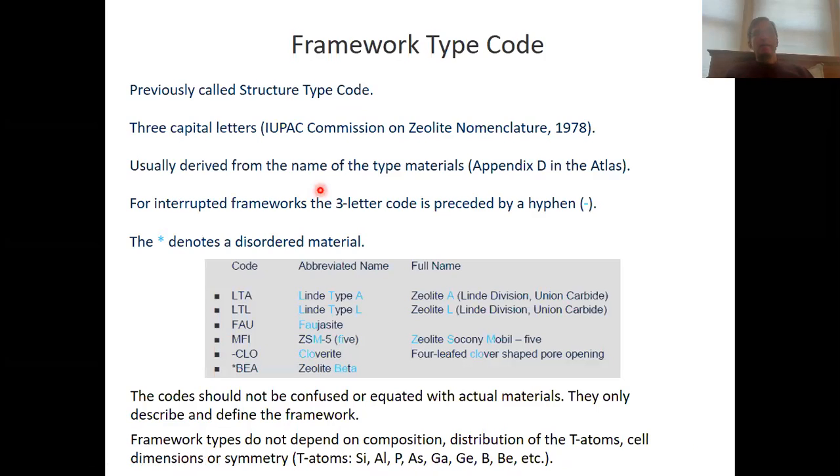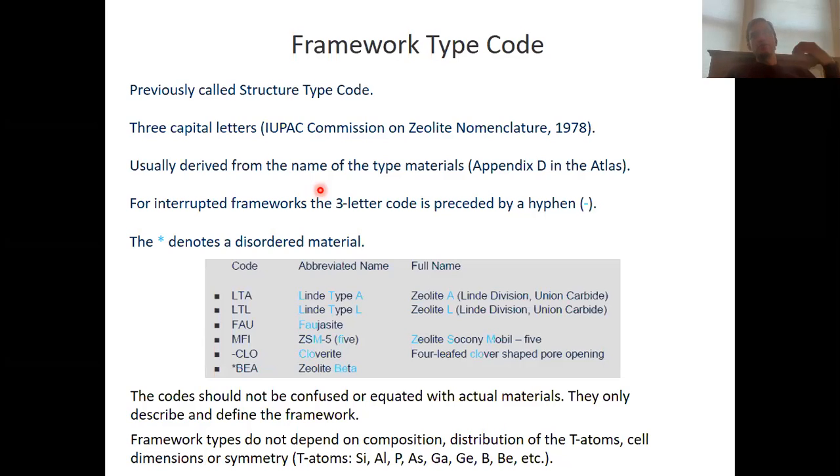Now a specific framework type is defined by a specific framework type code, which is made of 3 letters. That framework type code is usually derived from an abbreviated name that defines a material that belongs to that particular framework type.